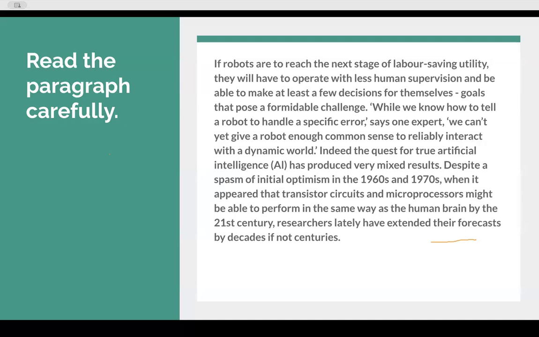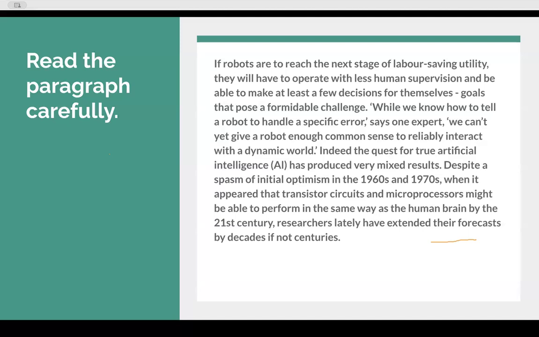Now, I'm reading from here: while we know how to tell a robot to handle a specific error, we cannot yet give a robot enough common sense to reliably interact with the dynamic world. What we are saying is, robots do not yet have enough common sense to reliably interact with the dynamic world.